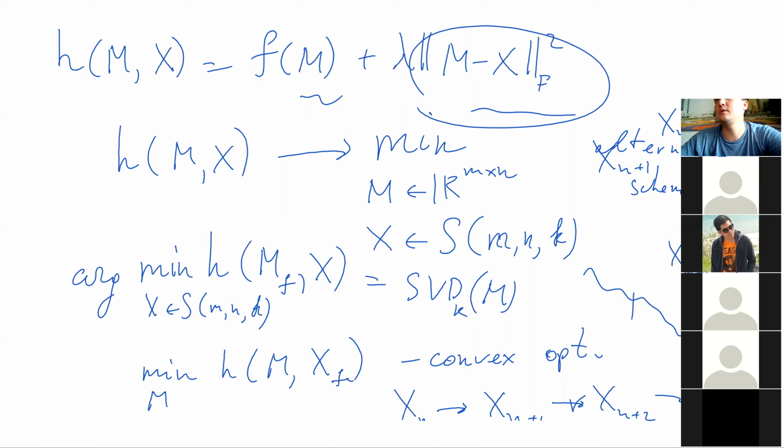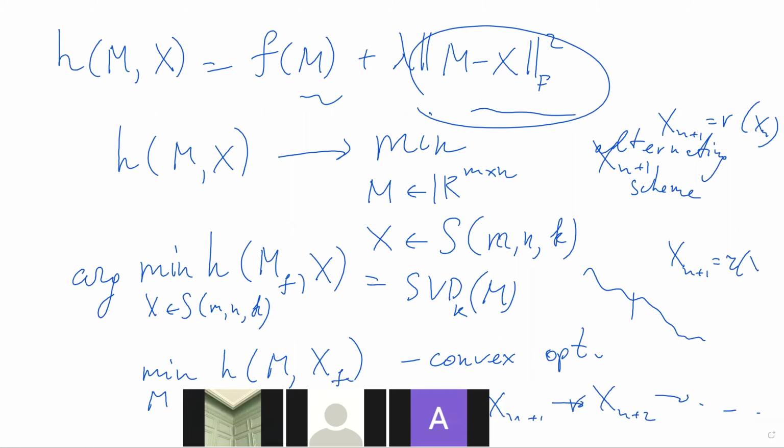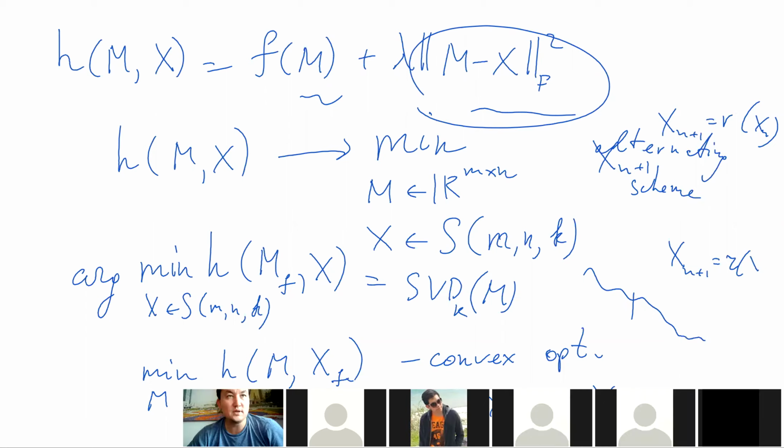Roughly speaking, all the local minimums to which you converge are fixed points of that operator. It turns out that studying this alternating scheme requires understanding the fixed points of a certain operator. Fixed points are such values for which x is equal to R of x.